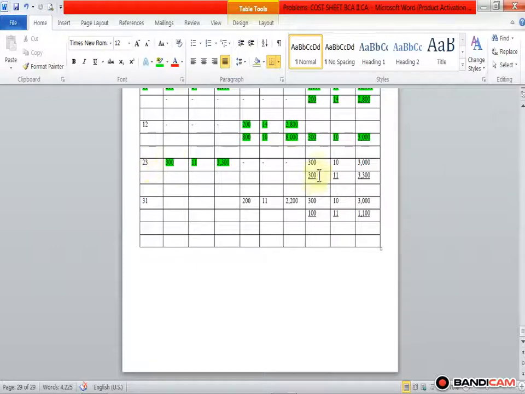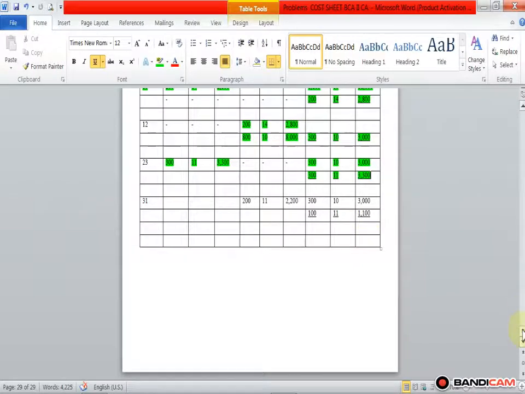On the same date the balance is carried forward from 12th April: 300 into 10 is equal to 3000, and on 23rd April we received another 300 quantity at rupees 11. So our balance is 300 units of rupees 10 each, amounted to rupees 3000, and 300 units of rupees 11, amounted to rupees 3300.